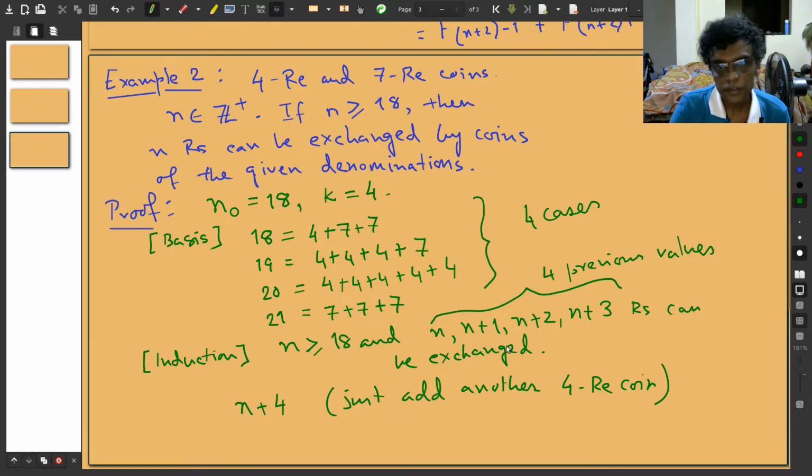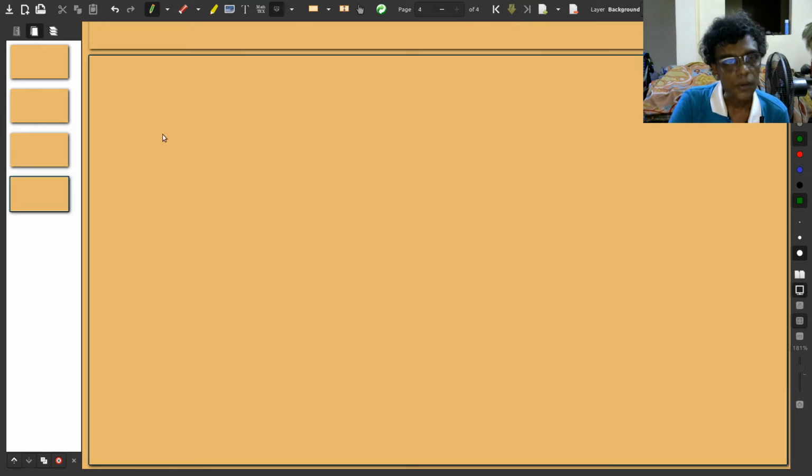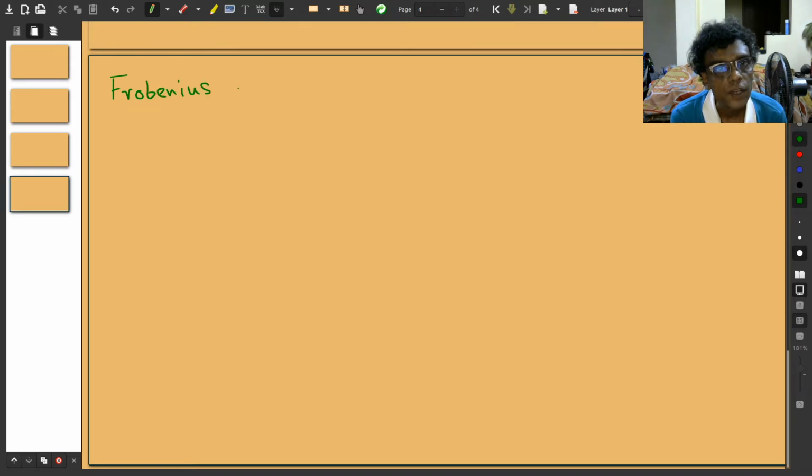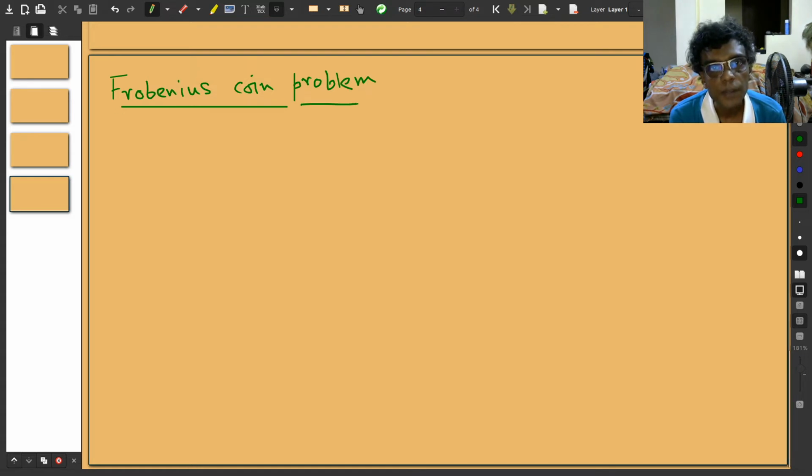Okay, so this problem is very interesting and has a long history. Let me tell you a little bit about this problem. This is named after Frobenius. It is called the Frobenius coin problem or Frobenius coin exchange problem. In the general setting, you are given A and B, 2 denominations.